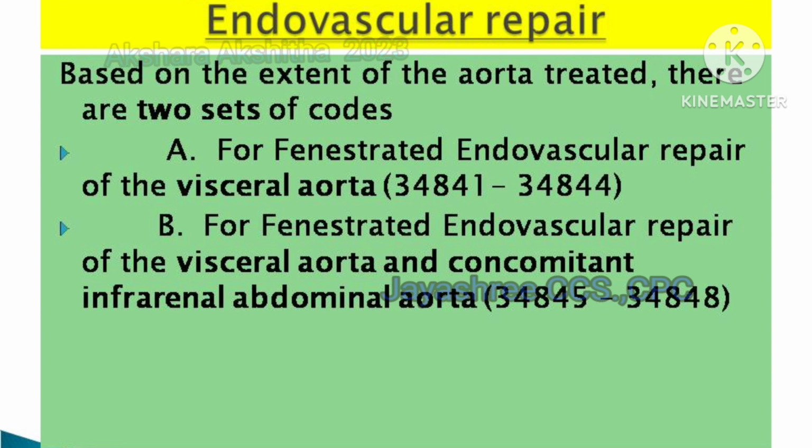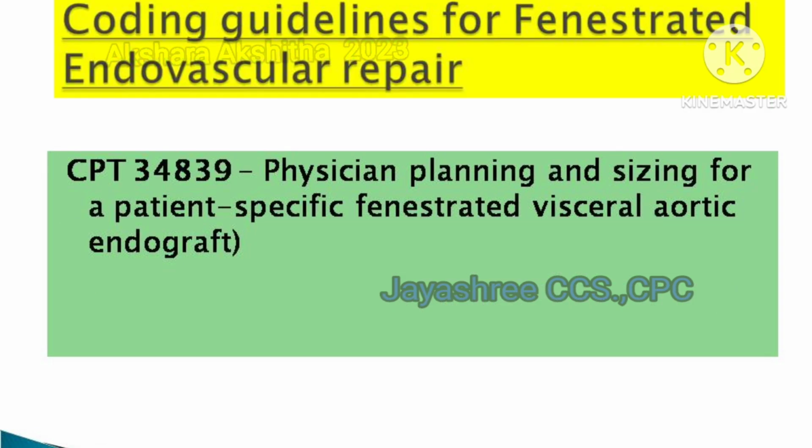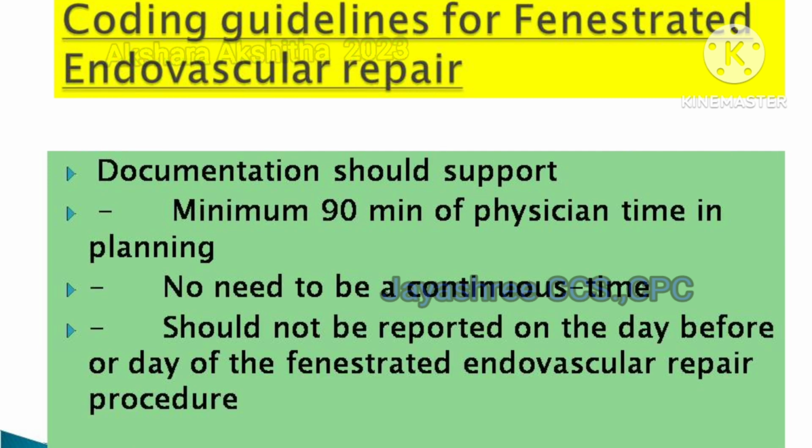And the next point is the planning CPT code, 34839, which is physician planning and sizing for a patient specific fenestrated visceral aorta endograft. For this code we should check the supporting documentation. It should be a minimum of 90 minutes of physician time in planning. If it is less than 90 minutes, we should not report this code, and the time need not be continuous.